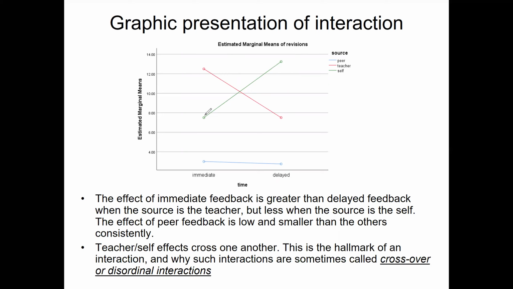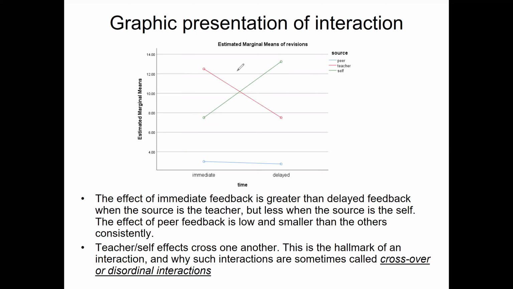What this is telling us is that when feedback is immediate, the writing performance is relatively low for students who are giving themselves feedback. Whereas their writing performance is relatively high when they've had a week to think about the work before they give themselves feedback.